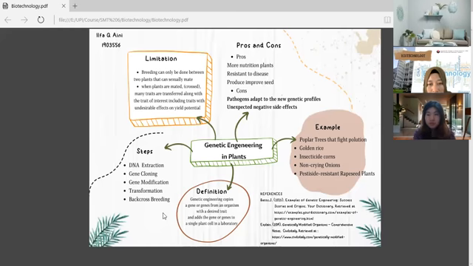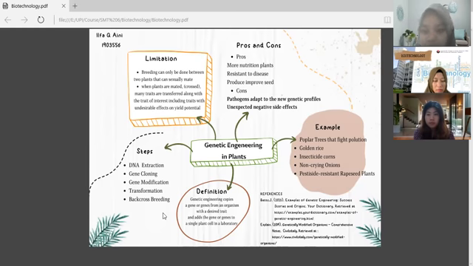And the last example that I will give is pesticide resistant repeat plants. It's plants that are used to make certain types of vegetable oil.